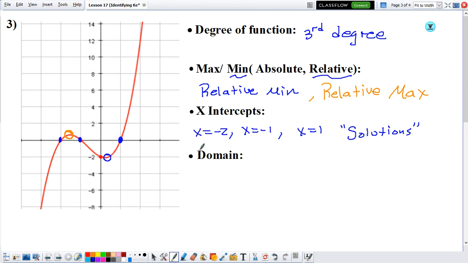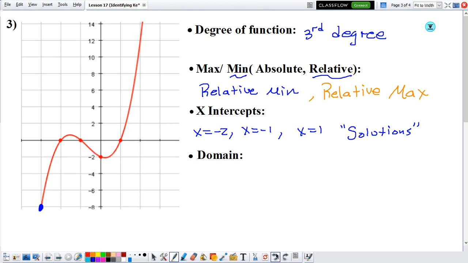Now, what is my domain? You gotta look at the overall picture. Does your graph even stop? Nope. You see that there are 2 arrows at the end. Now, how do I know they're arrows? Because when they don't put points at the end of the graph, so if I put points here, that means that my graph actually starts here and actually stops here.